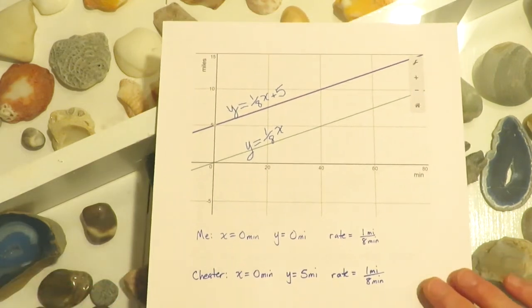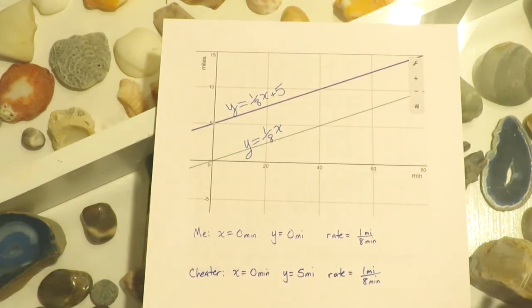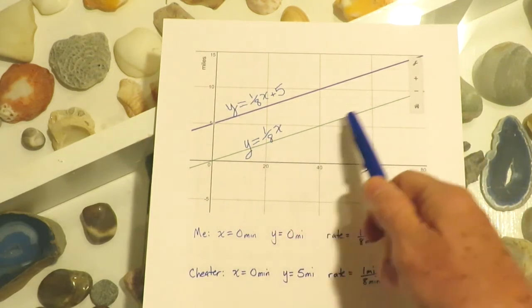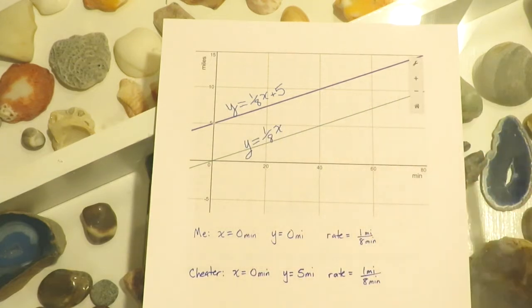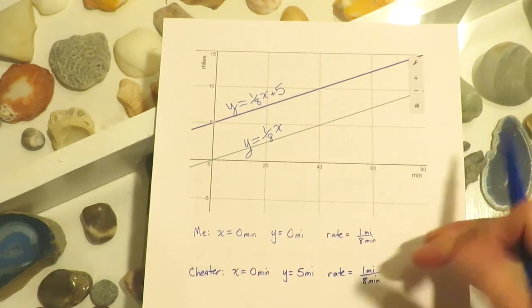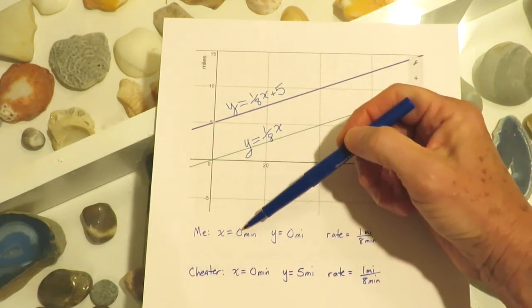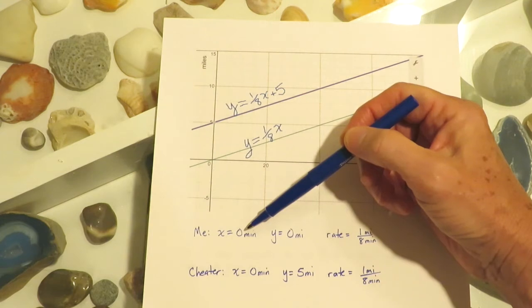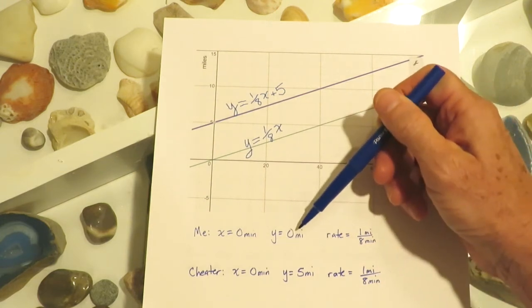Now, lines are parallel if they have the same slope. If you think about it, that means that they stay at the same pace, and if they stay at the same pace, they're never going to intersect in their plane. So I'm going back to my example about running, and let's say I'm in a race, and at time 0, I haven't run any miles, so my y should be 0.